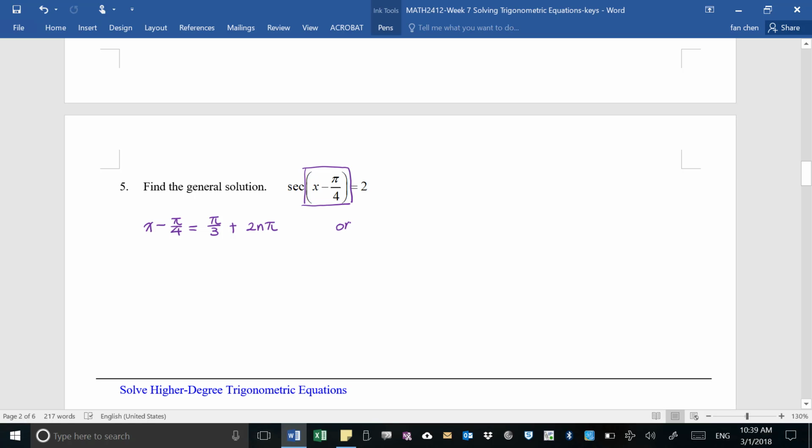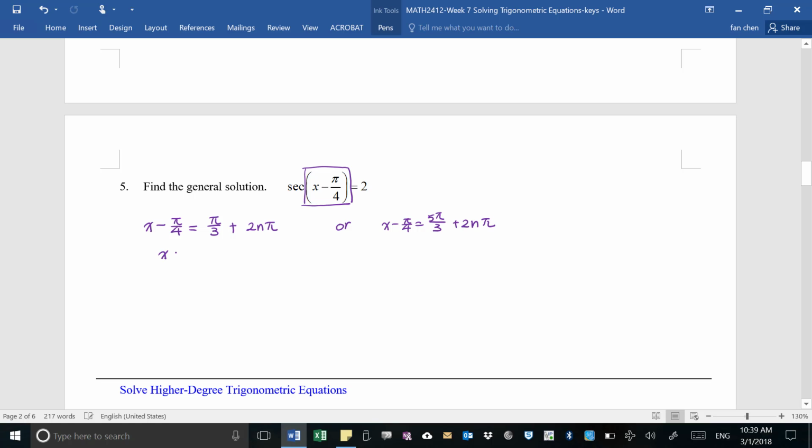Secant is the reciprocal of cosine, right? So that will be first quadrant and fourth quadrant. In the fourth quadrant, that is 5 pi over 3. So x minus pi over 4 is equal to 5 pi over 3 plus repeated 2m pi.